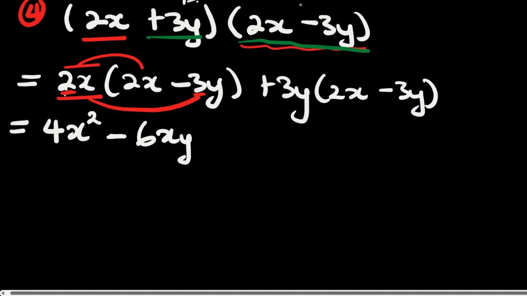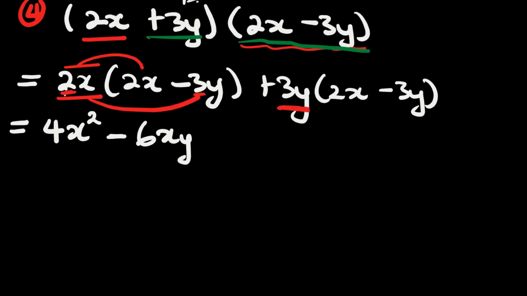Then now we move on to this part. So it's 3y multiplied by 2x. So it's 3 times 2, it gives us 6. Now it's y times x, it's yx. But you're always advised to put it in alphabetical order, so in this case it will be xy.